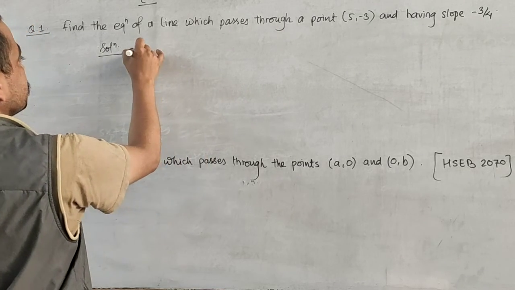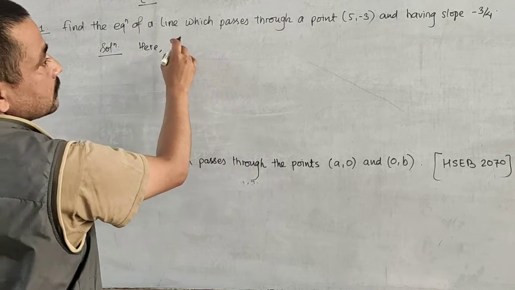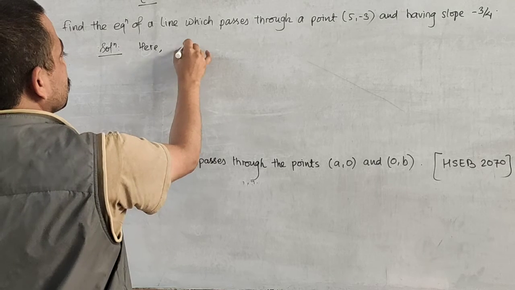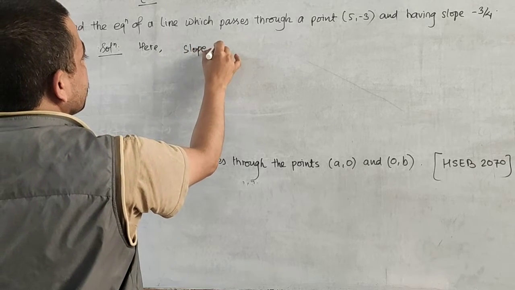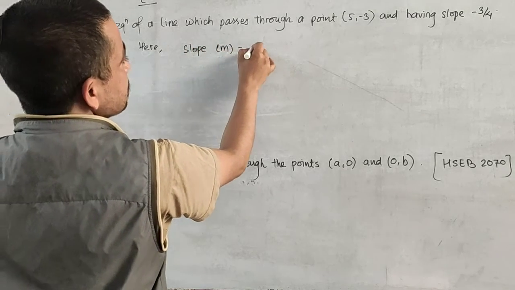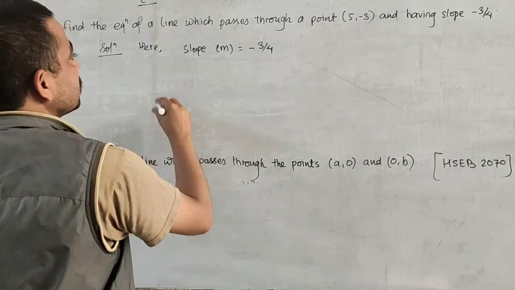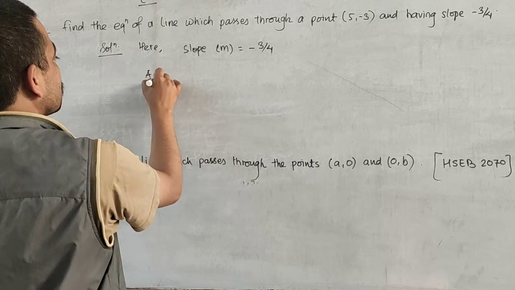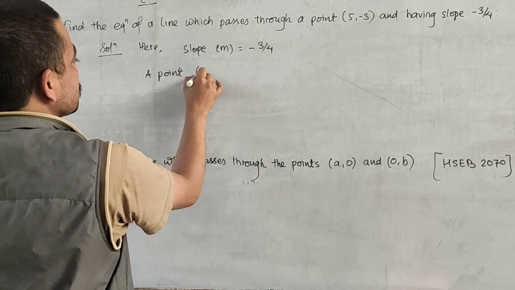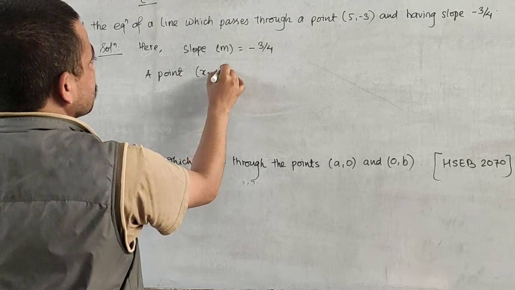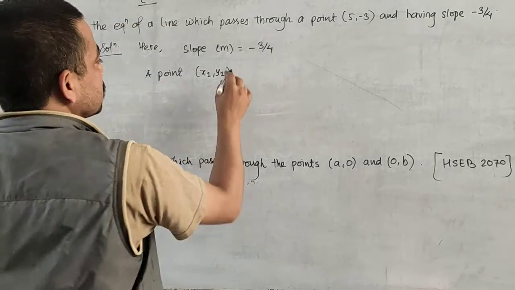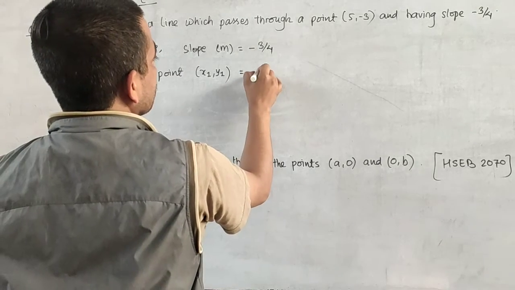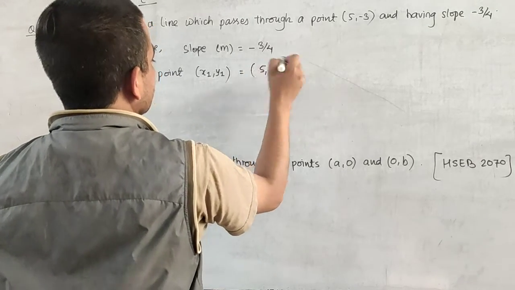So here the slope of the line m is -3/4, directly given, and a point x1 y1 is given: (5, -3).